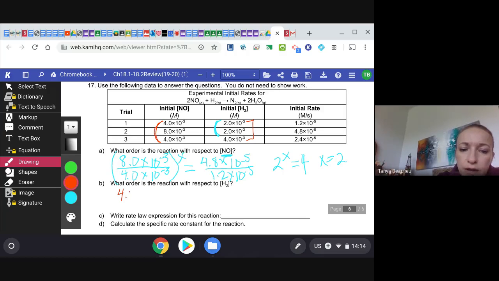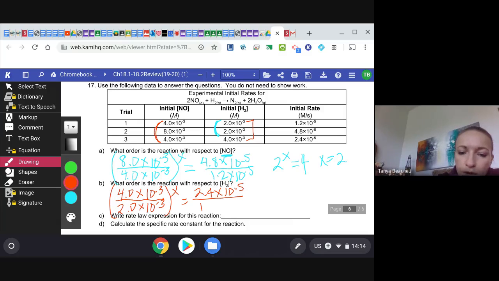So we're going to take the bigger number, trial 3, 4.0 times 10 to the negative 3, divided by trial 1, which is 2.0 times 10 to the negative 3. And that is some x power. And that's going to be equal to 2.4 times 10 to the negative 5 divided by 1.2 times 10 to the negative 5.